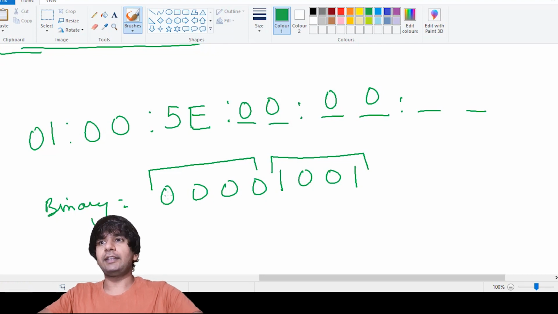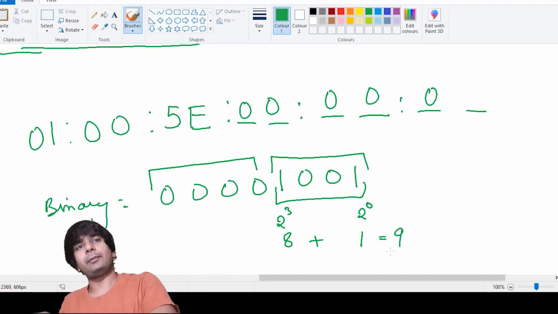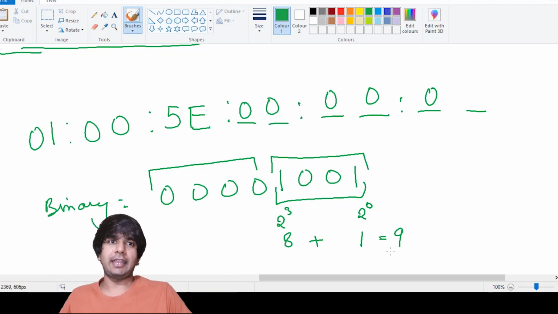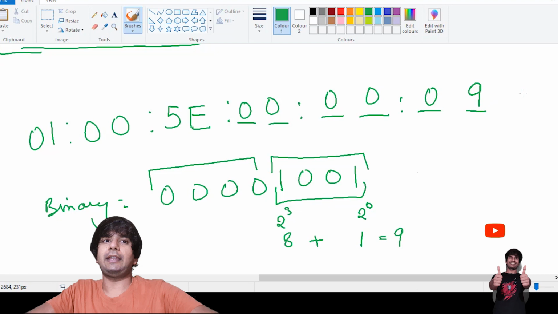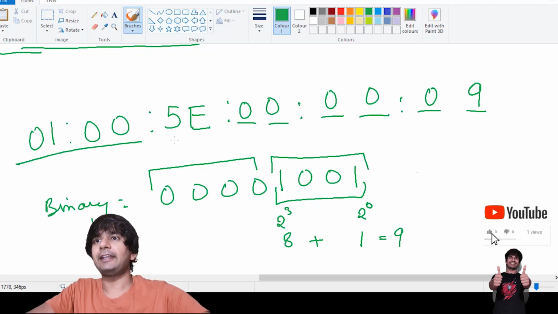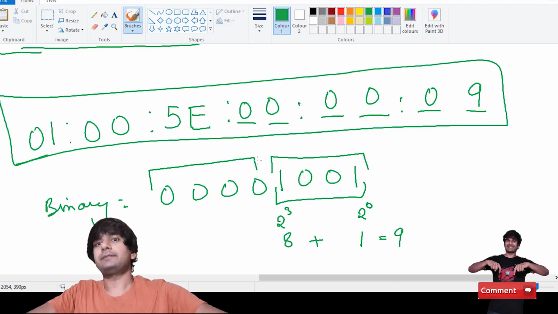Converting these into hexadecimal, the first is 0, and the second is 2 to the power 3, which is 8, plus 2 to the power 0, which is 1, so 9. Whether decimal or hexadecimal, we write 9 as 9. So this is the multicast MAC address of the RIP version 2 update packet.